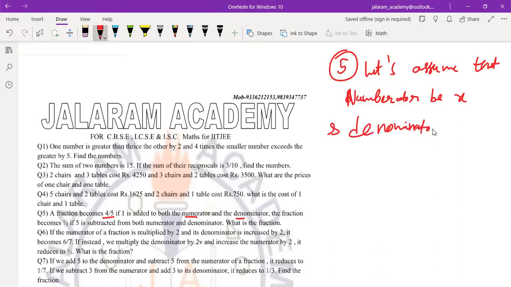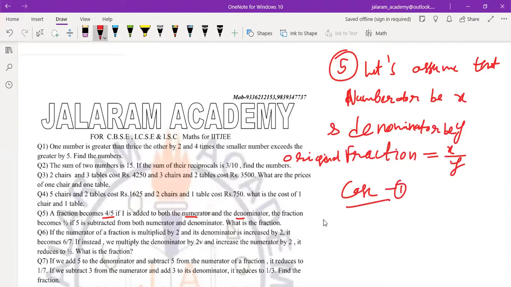Whenever you are given a question involving a fraction, first assume numerator x, denominator y, and one more line will be there: in place of fraction you must write the original fraction, about which the conditions are given in the question, numerator upon denominator, that is x by y.